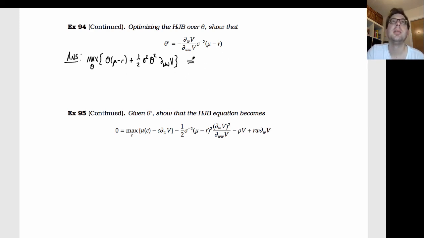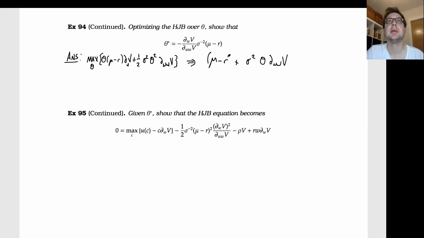So if we differentiate this with respect to theta, I'm going to get mu minus r plus theta sigma squared times the second partial derivative of V. Oh, notice I'm being a bit sloppy. This should be multiplied by the first partial derivative of V here.